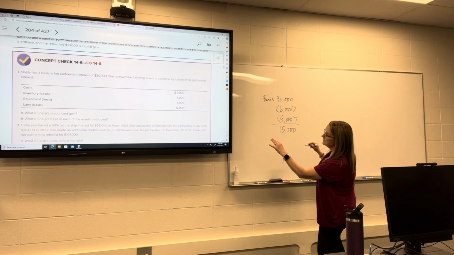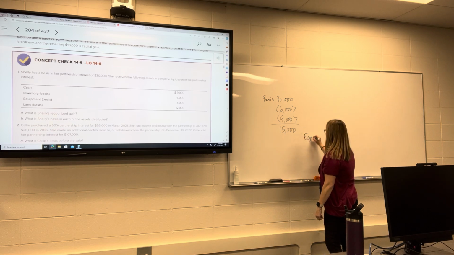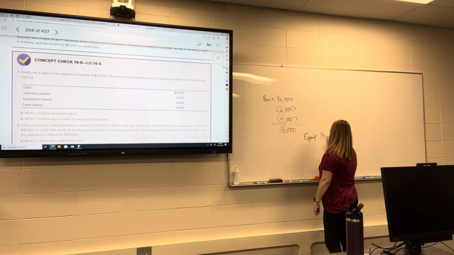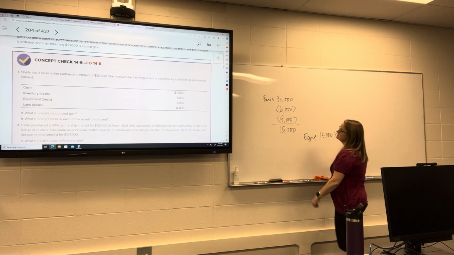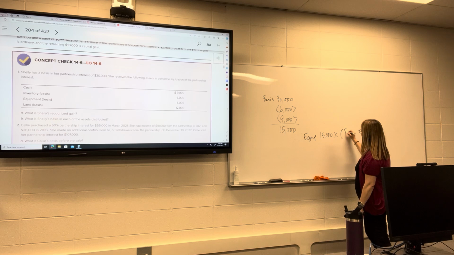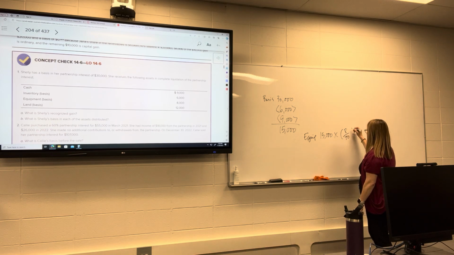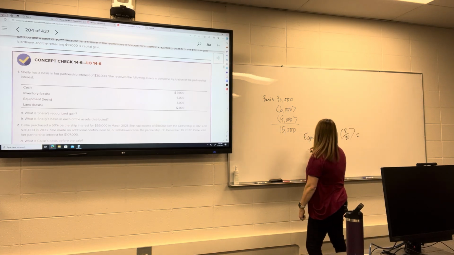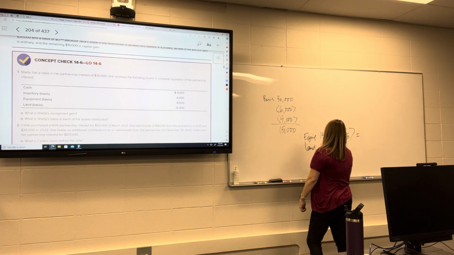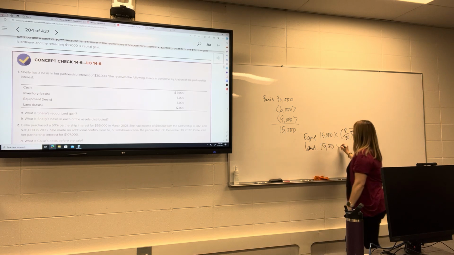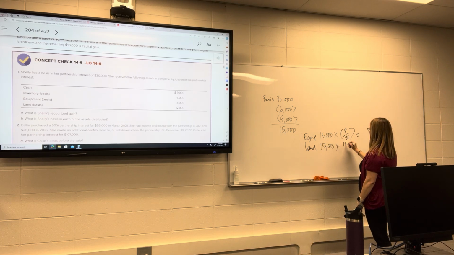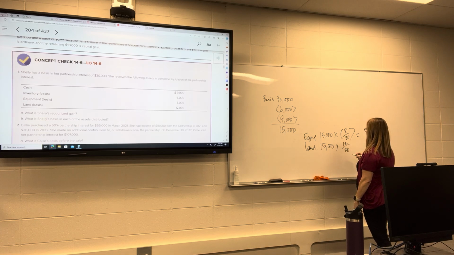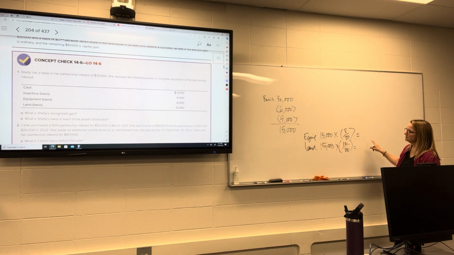For the equipment, 15,000 times 8,000 over 20, 8 over 20. I realize I could reduce that further. And then for the land, 15,000 times 12 over 20, or 6 over 10, or 3, and my calculator's back there.